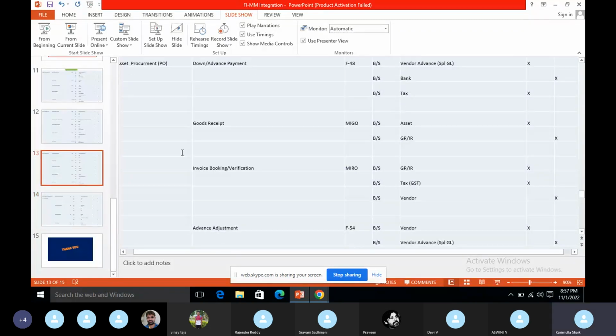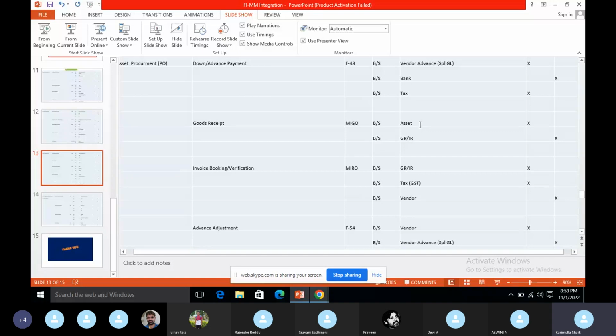Asset procurement entries. For advance payment, same entries. For goods receipt only, the entry will change. In MIGO, instead of inventory or services, we have to take asset, which has to be debited.